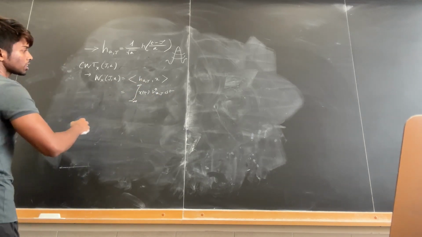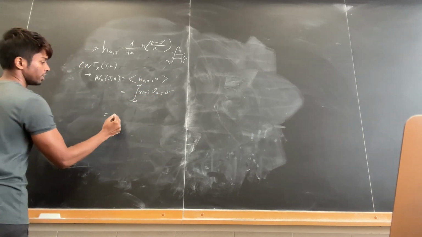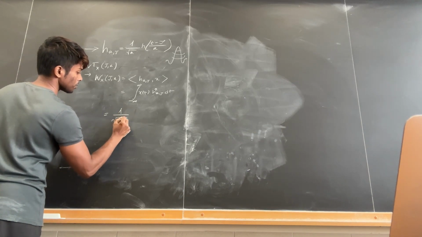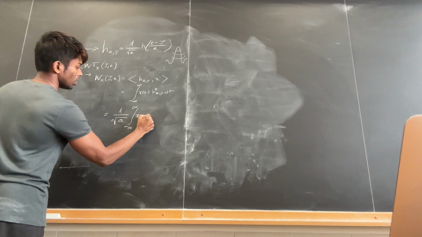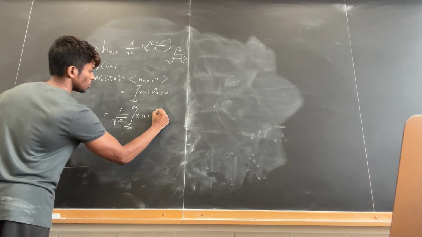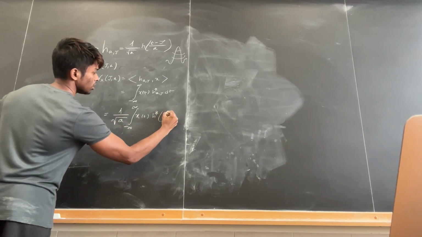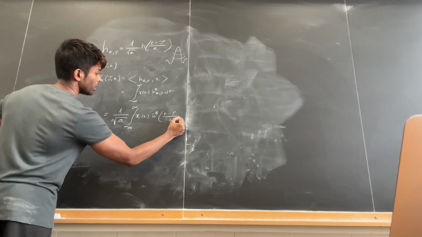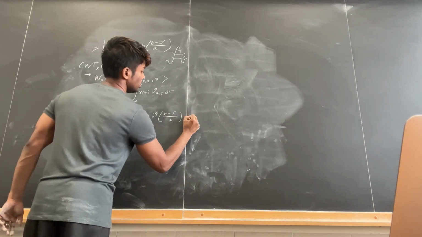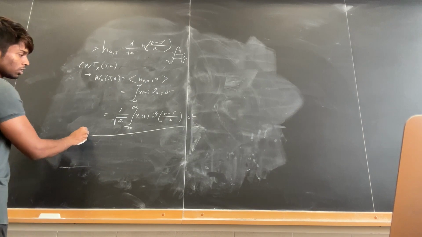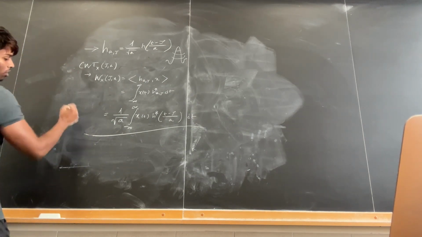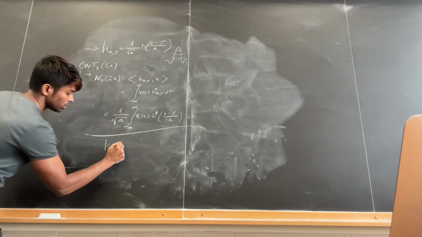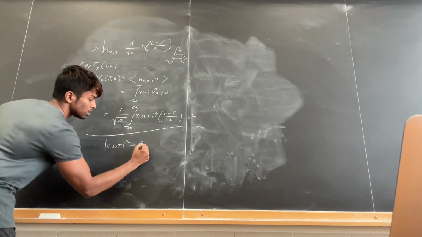It can be further defined as 1 by square root of a, integration from minus infinity to plus infinity of x of t times the conjugate of h of (t minus tau) by a dt. So this is the complex wavelet transform. And if we take the square of this, the mod of CWT squared is the scalogram.